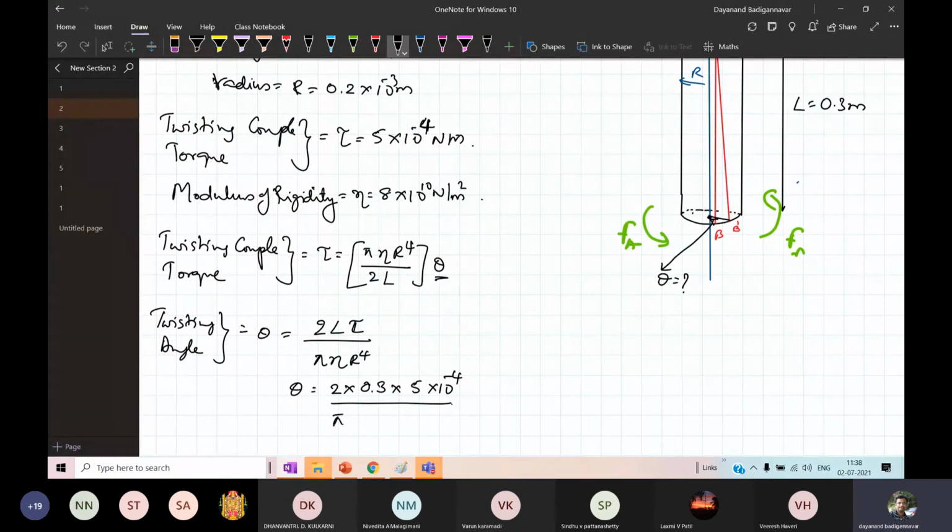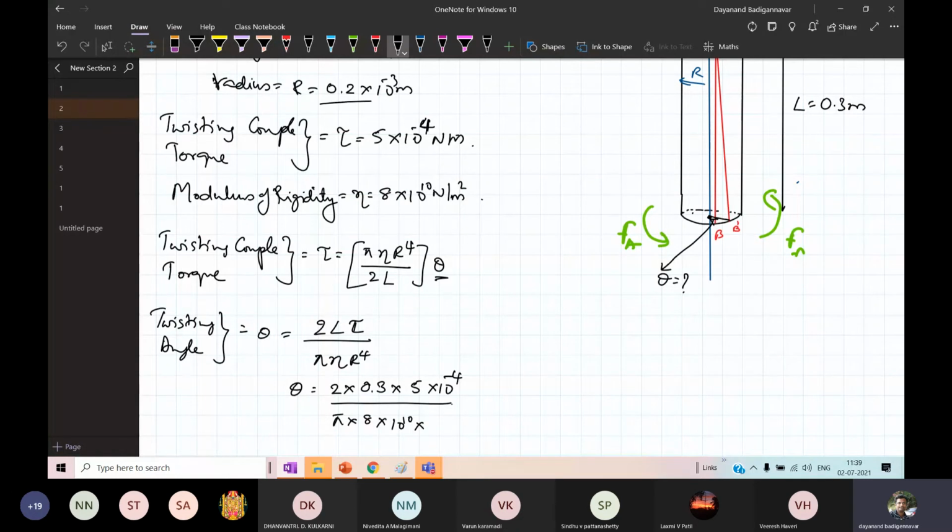Eta they have given as 8 into 10 to the power of 10, and r raised to 4. What is r?